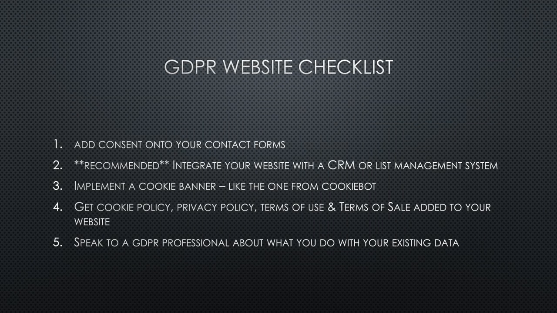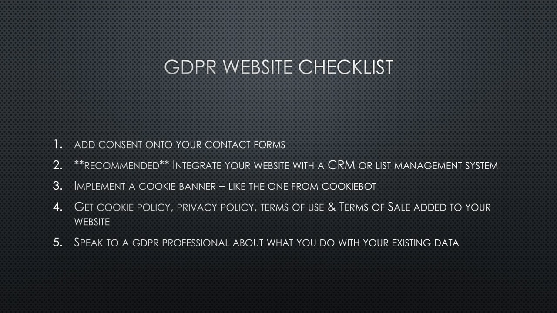So your checklist for your specific website would be: add the consent field into your contact forms. I personally recommend integrating your website, or your contact forms at least, with a customer relationship management system so you can control where the data goes and who has access to those records.